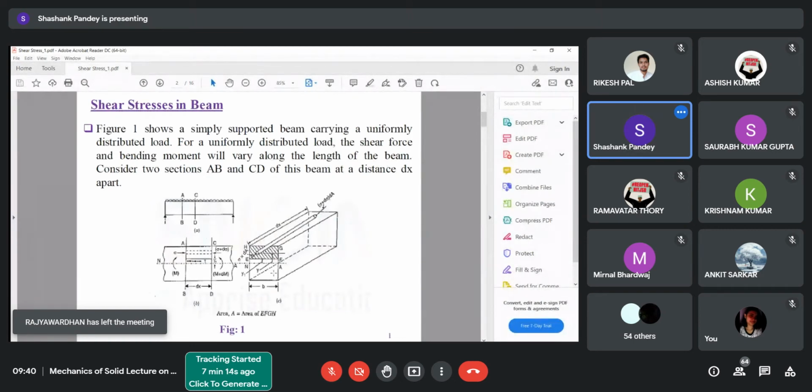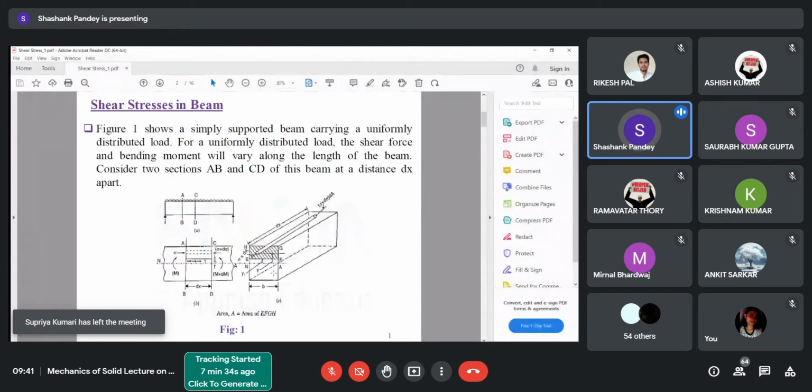Based on this, we will use again the same principle which we were using, the principle of balance of forces, the principle of balancing of moments, and we will find the expression of shear stress distribution. So let us proceed towards our next step.